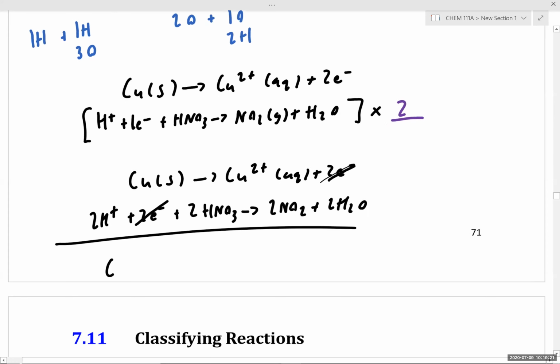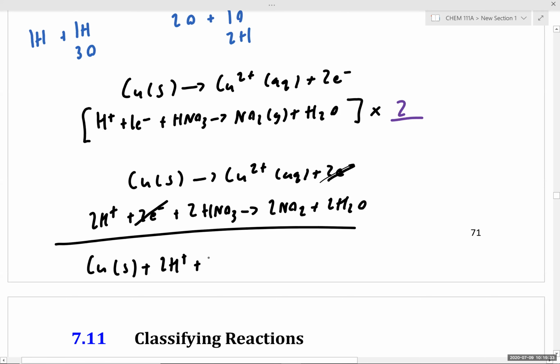So combining these equations together, we get the following overall balanced redox reaction.